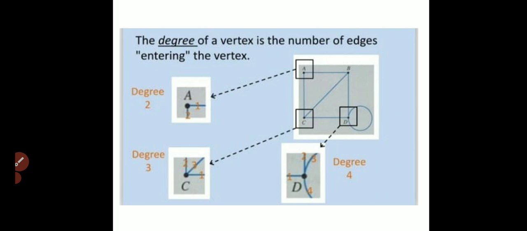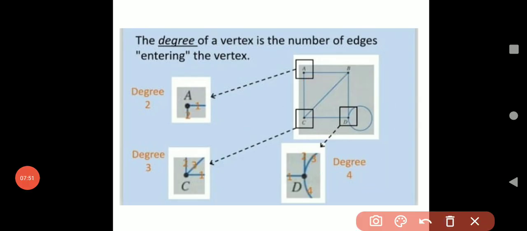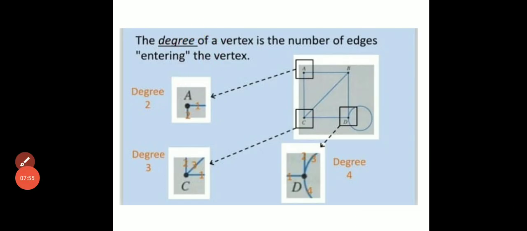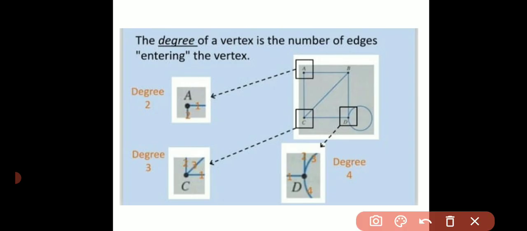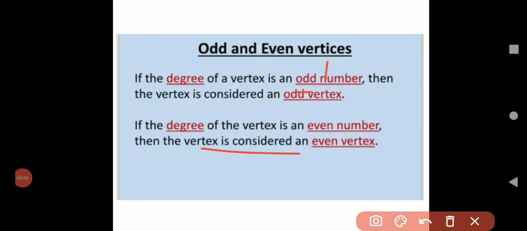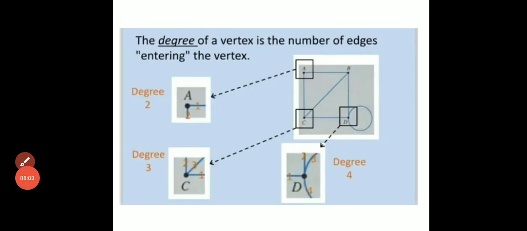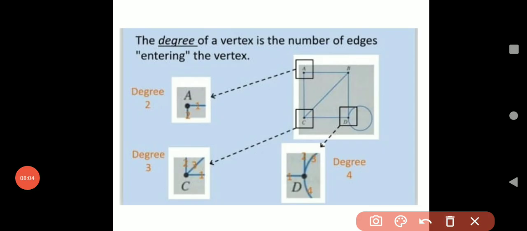So now we calculate the degree of these 4 vertices. First of all, we take the vertex A. Here A is incident with 2 edges. So the degree of A is 2. And then calculate for B. B has 3 edges.